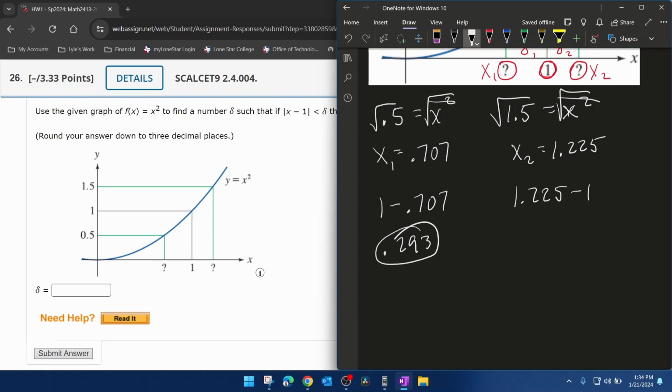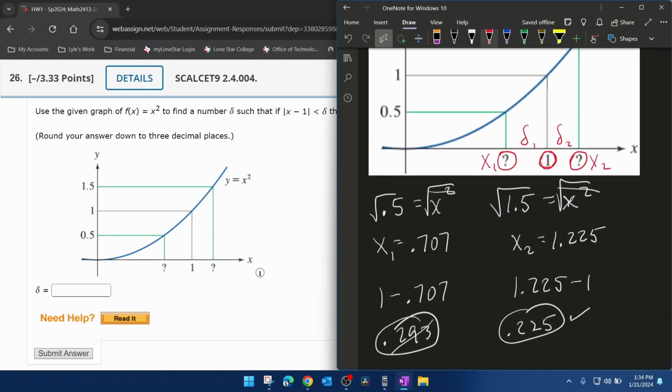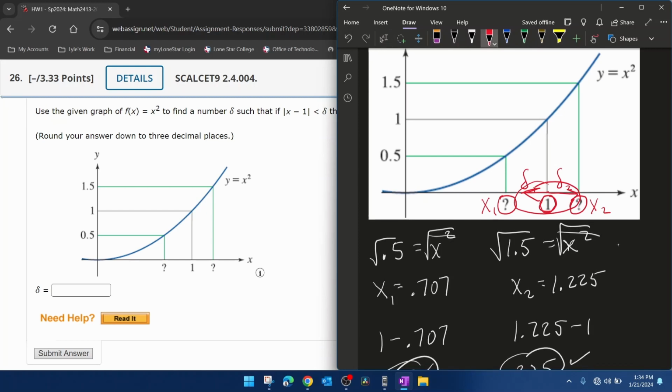That is delta 1. And then 1.225 minus 1, 0.225. Which one is smaller? 0.225. And remember, we're picking the smaller one because then that guarantees that if you go that distance left or right, that is going to guarantee that you fall within this range of values around 1.